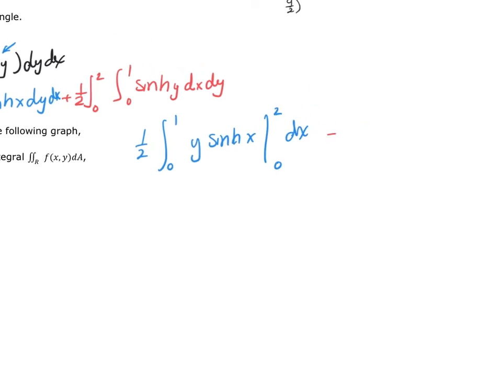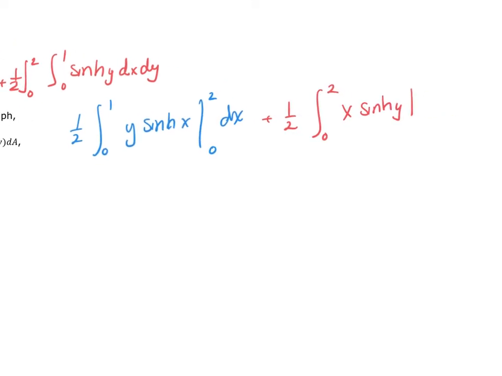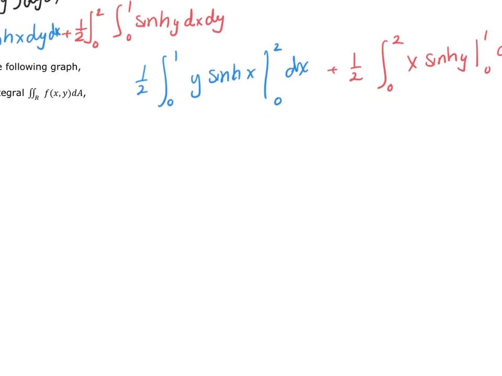And then I'm going to have plus 1/2 from 0 to 2 of x times the hyperbolic sine of y evaluated from 0 to 1 dy. So that's the easy parts. And when I put in my 0, that ends up going to 0, so that's nice.